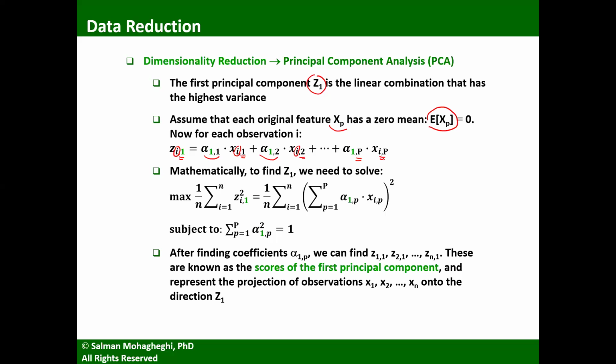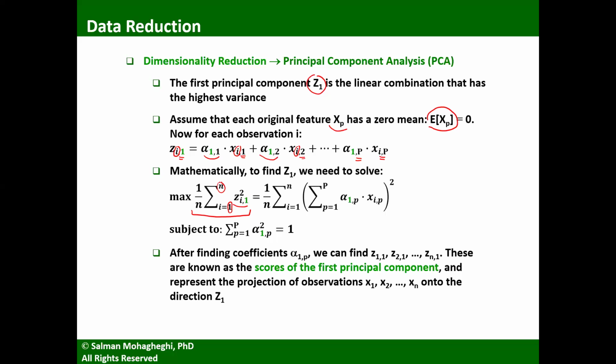What we want to do is make sure that Z1 has the maximum variability. So mathematically, the problem is a maximization problem. You want to maximize the variance of that dimension for all the data instances. So 1 over n times the summation of all the z_i1 squared when i goes from 1 to n, from observation or data instance 1 all the way to data instance n.